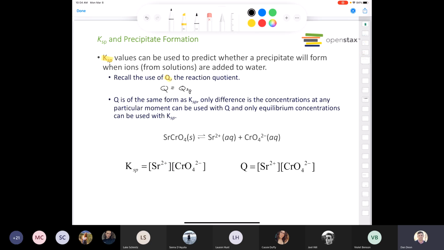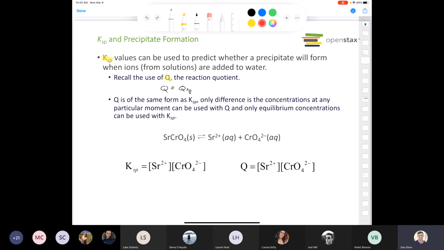So if you have an equilibrium like this, so you have strontium chromate in equilibrium with strontium ions and chromate ions, well, you could write a Ksp. Well, a Q is defined the exact same way. And you're like, well, that's the exact same as the Qs that we looked at before when we compared K and Q. Yeah, absolutely, it's the same thing.